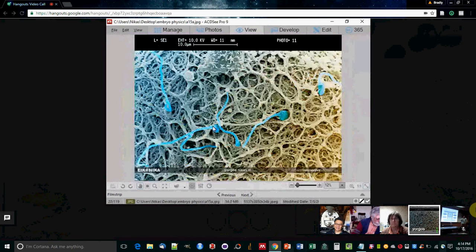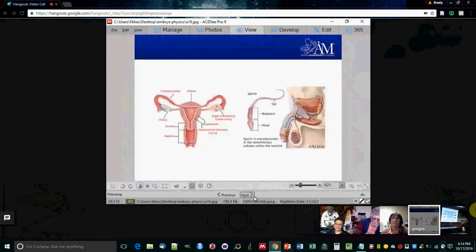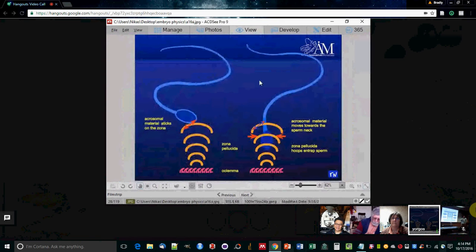Here I put together that once the sperm enters the outer circle, it is entrapped there and can only move inwards. It cannot turn around. So it is like a mechanical factor that guides the sperm inside.